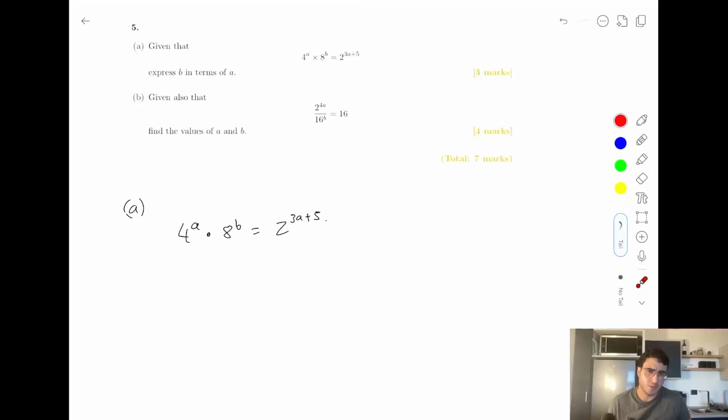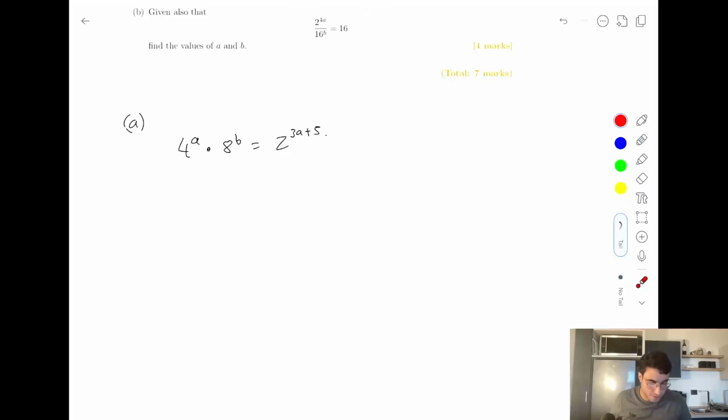What that means is that, look, there's a few ways we could do it. You could do it in terms of logs actually, but I think what's easier is simply to recognize, guys, that 4 is equal to 2 squared, so therefore we've got 2 to the 2a. We also know that 8 is equal to 2 cubed, so therefore we've got 2 to the 3b.